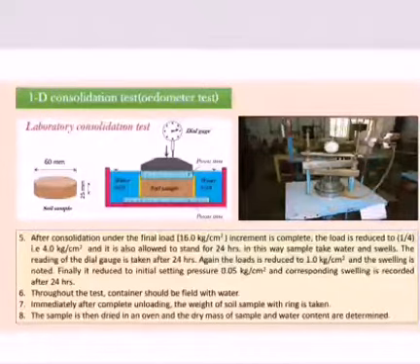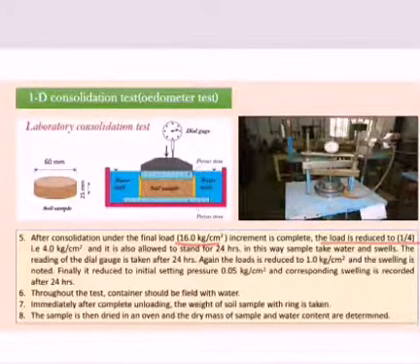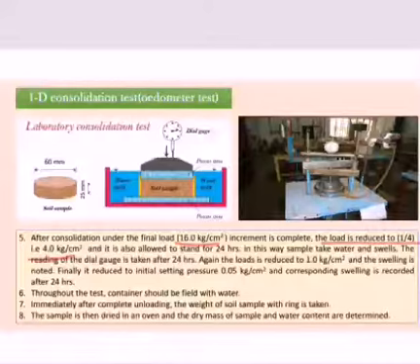The load is then reduced to 1/4 of the 16.0 kg per centimeter square, so that will be 4 kg per centimeter square. This part is the unloading part. After reaching the maximum load of 16 kg per centimeter square, the load is reduced to 1/4, that is 4 kg per centimeter square, and it is allowed to stand for 24 hours.